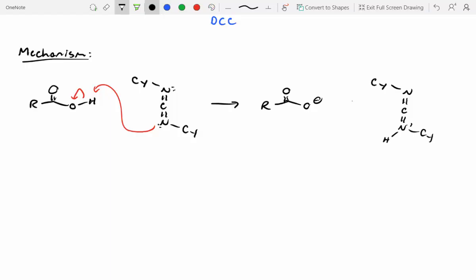Now this nitrogen's got a positive charge on it, and we've got an oxygen with a negative charge.